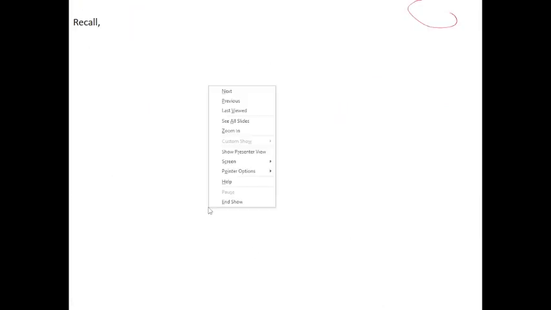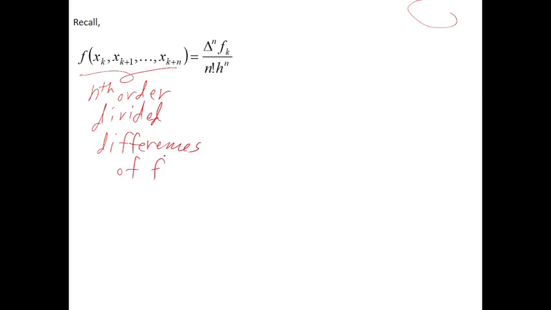Recall natin. Ano yung re-recall natin na formula? Ito. So, ito yung formula natin. Ito yung nth order divided differences of f.